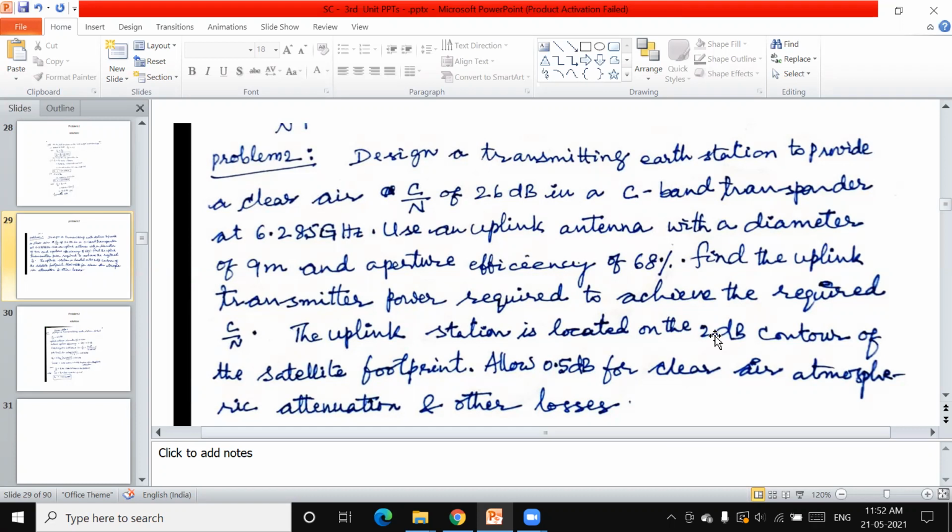Clear? PT GT minus losses. Clear? మీకు వచ్చేసినట్టుగా దీంట్లో C/N is equals to PT GT minus losses. C/N already 26 dB has been given. 26 is equals to PT వాల్యూ మనం కనుక్కోవాలి. ఇక్కడ GT వాల్యూ కావాలి మైనస్ లాసెస్.